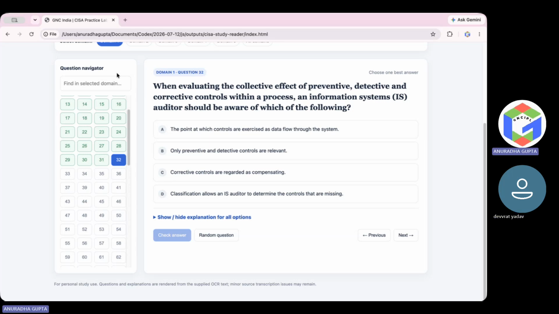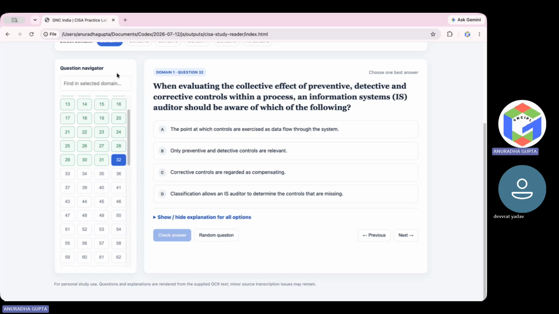So basically, when evaluating the collective effectiveness of preventive, detective, and corrective controls within a process, an IS auditor should be aware of the following thing. So the IS auditor is evaluating the collective effectiveness of the preventive controls, detective controls, and corrective controls.